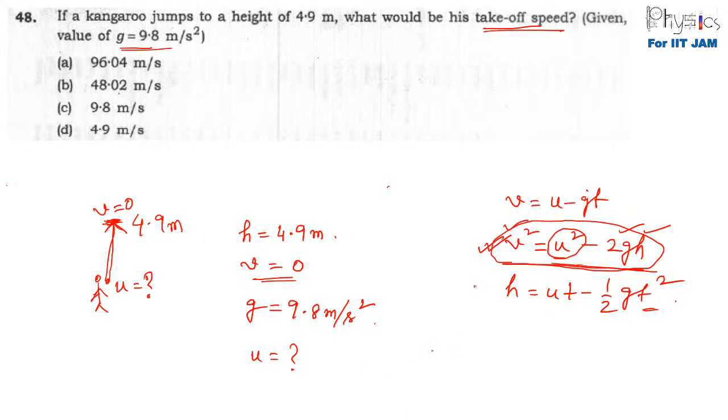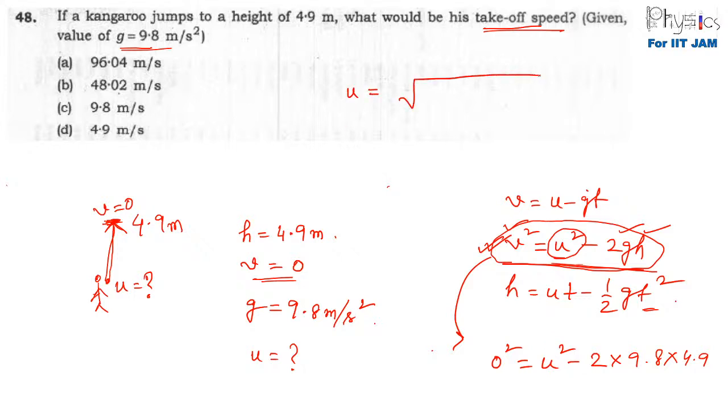So if we use this formula, we get 0 square equal u square minus 2 multiplied by 9.8 multiplied by 4.9, right? So we get u equal root over 2 multiplied by 4.9 multiplied by 9.8, that means 2 multiplied by 4.9, right?